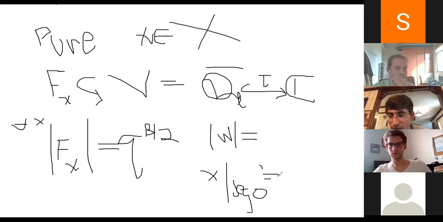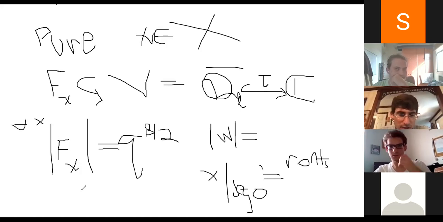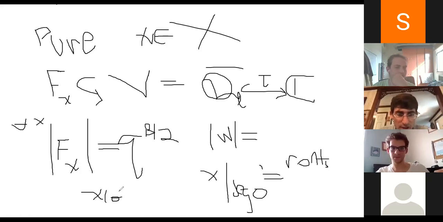That's exactly what that theorem says: if you restrict to geometric monodromy, you get roots of unity. So the absolute value of an element of the Weil group is, let's say, chi of an arbitrary element of positive degree, say sigma of degree 1. May I suggest something? Yeah, sure. So it will depend only on the degree.